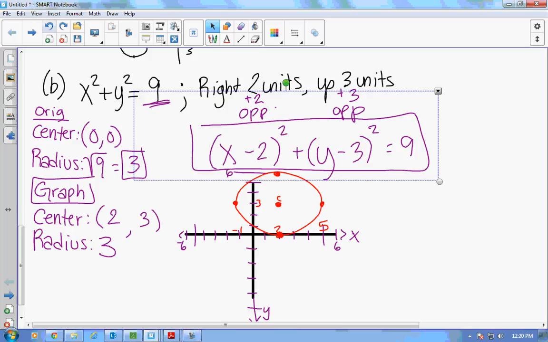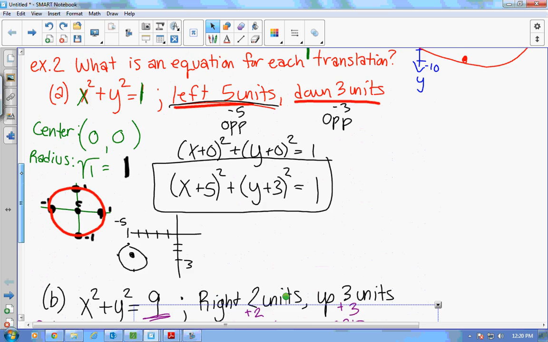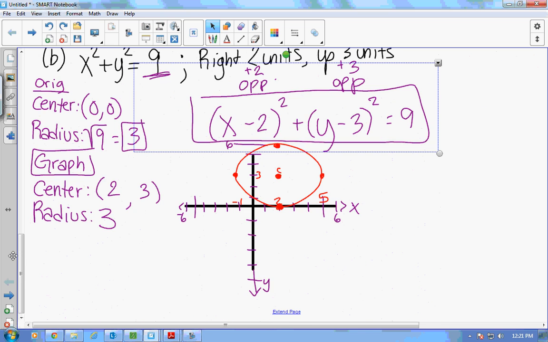Okay. The last one, I'm going to give you a graph, and we're going to write the equation by looking at the graph. So if you need to flip to the back, I'm going to give you a graph. I'd like you to copy the graph.